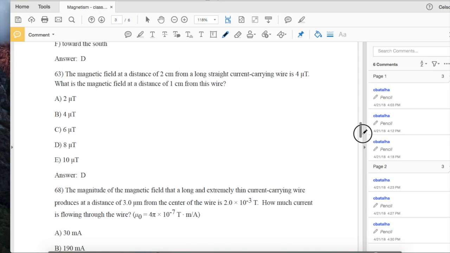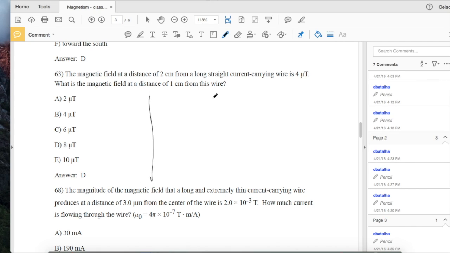So let's move here. It's too confusing. The magnetic field at a distance 2 centimeters from the long wire. Okay, so now we have a new equation here. This is the equation of a magnetic field. Now we have a different situation: you have a current carrying wire, and because of this wire, it creates a magnetic field around itself.